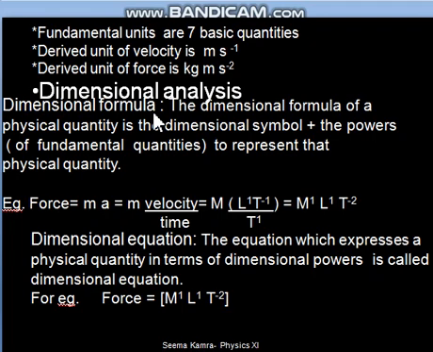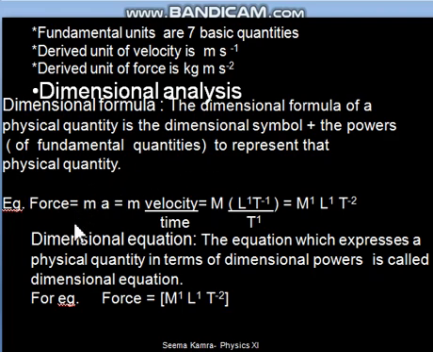These are dimensional symbols. We have to write every quantity in terms of these symbols only, along with the powers. So the definition of dimensional formula is the dimensional symbols plus the powers of fundamental quantities.